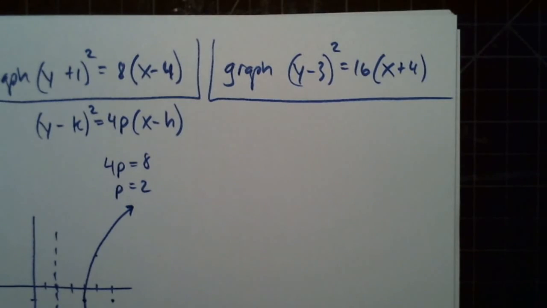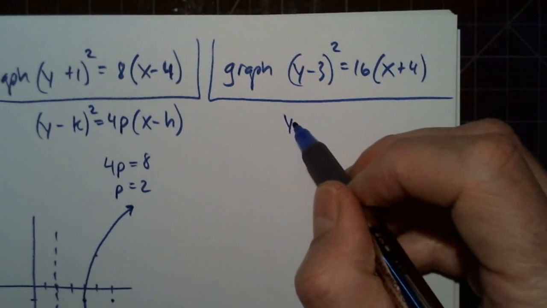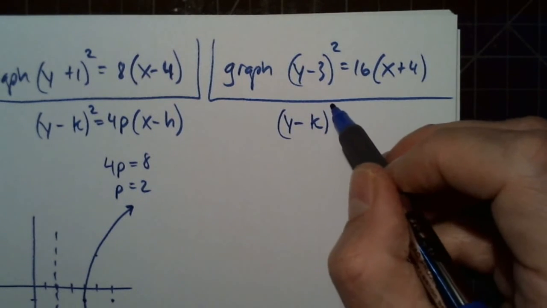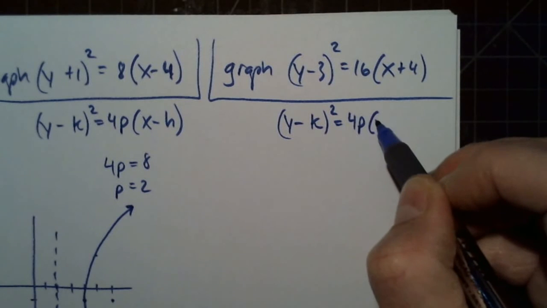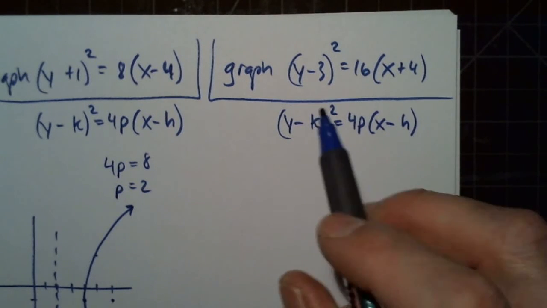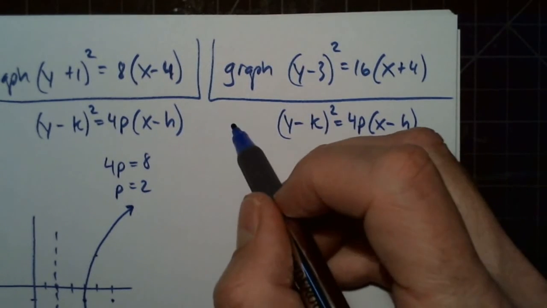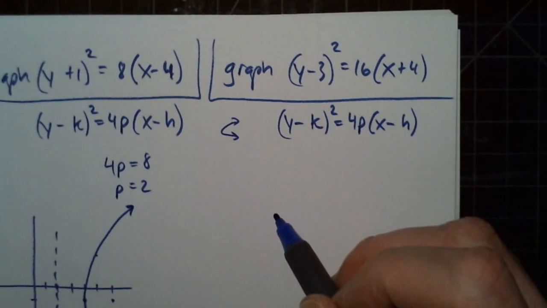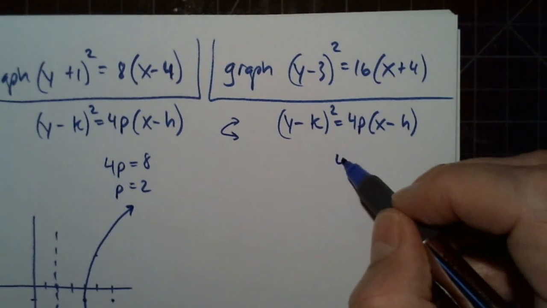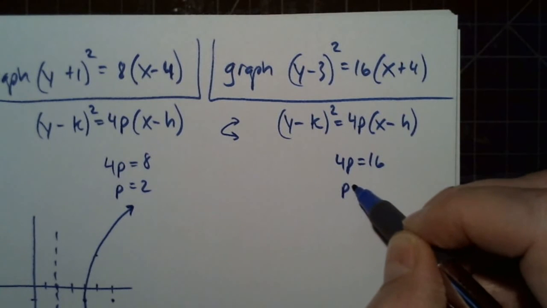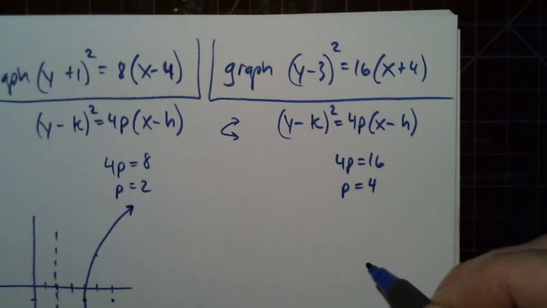Pause the video and try that one. And we see that y is squared, so that means we can have a parabola that opens horizontally, and 4p is equal to 16, so p equals 4.